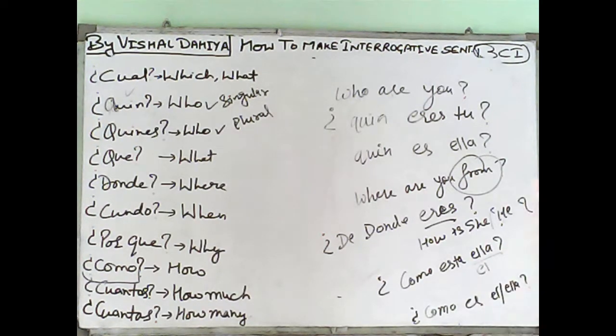I'm asking, is she tall or is she short, or is she angry, right? But if I am talking about her condition, I will use estar, right? But if I am talking about his or her figure, personality, a personal description, I will use the verb ser.